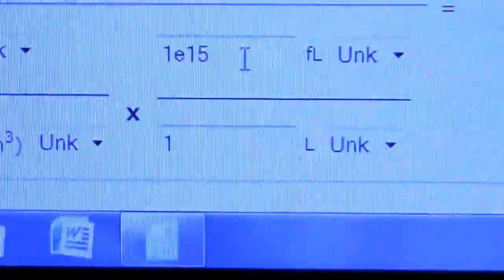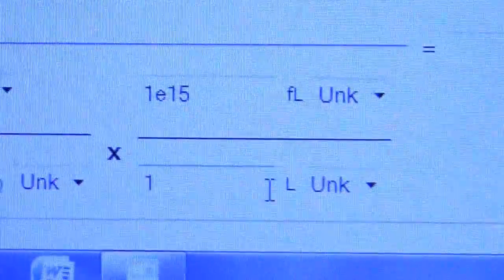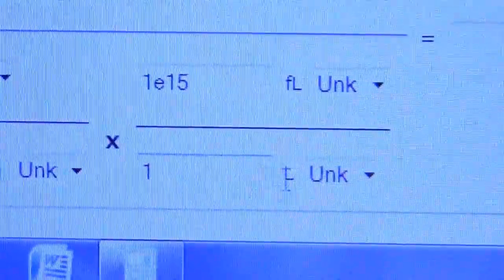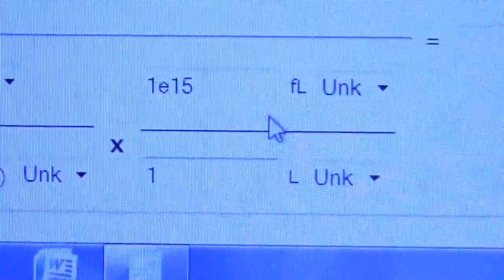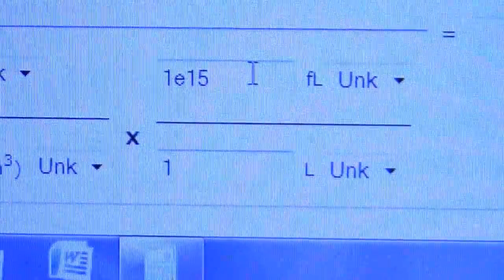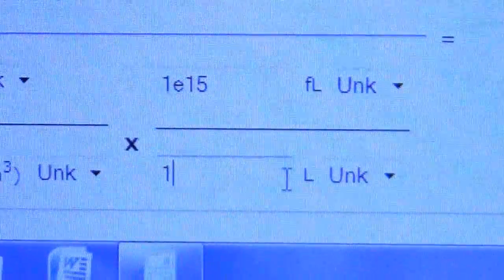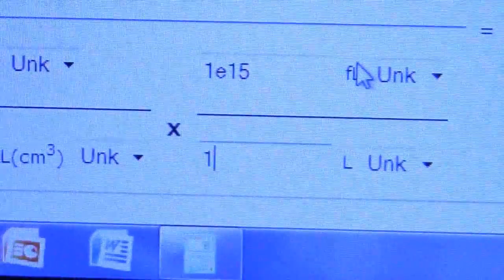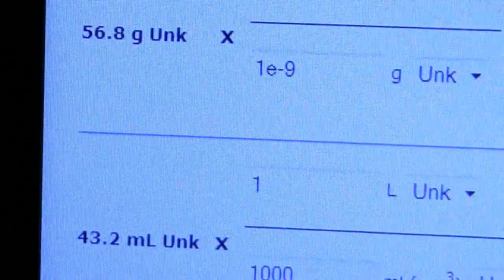Again, we can say 1 femtoliter is 10 to the minus 15th liters, or we can say there are 10 to the 15th femtoliters in 1 liter. Either way, it is equivalent. Now let's do our calculation.